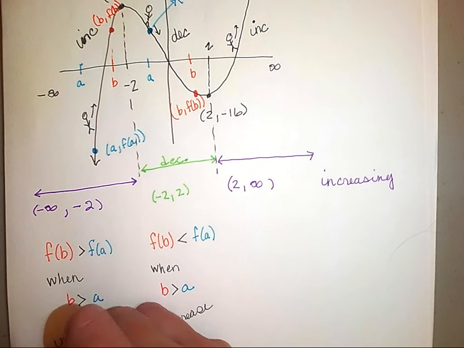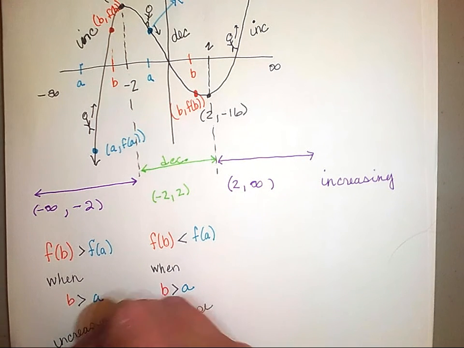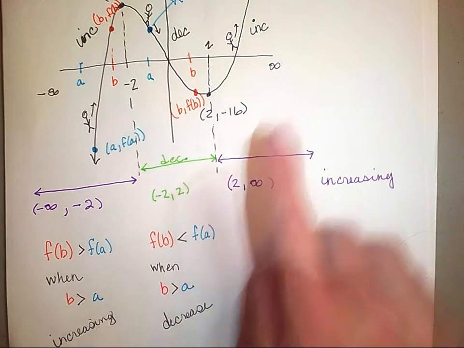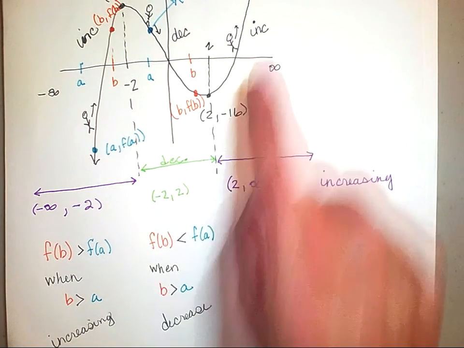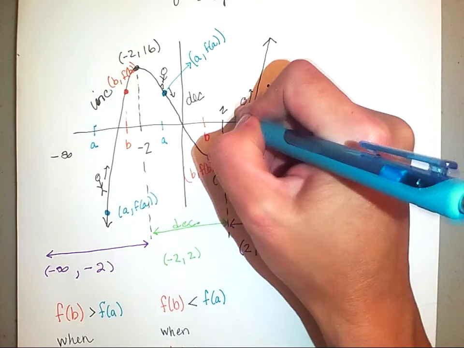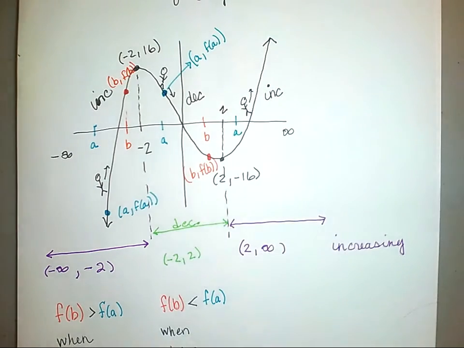Down here, f of B is in the negative values. Up here, f of A is positive, so it's no longer true. So in the decreasing function, we have that f of B must be less than f of A. This is decreasing. This is increasing.